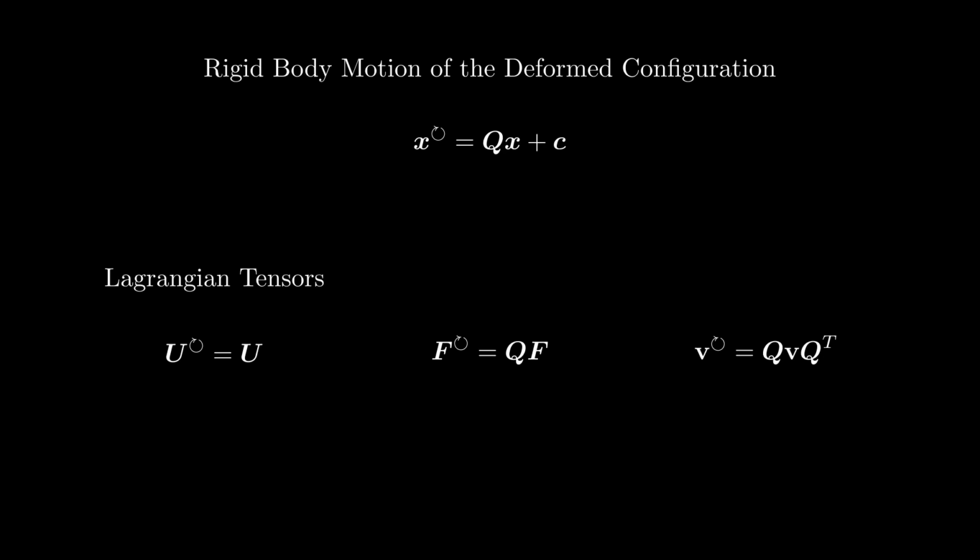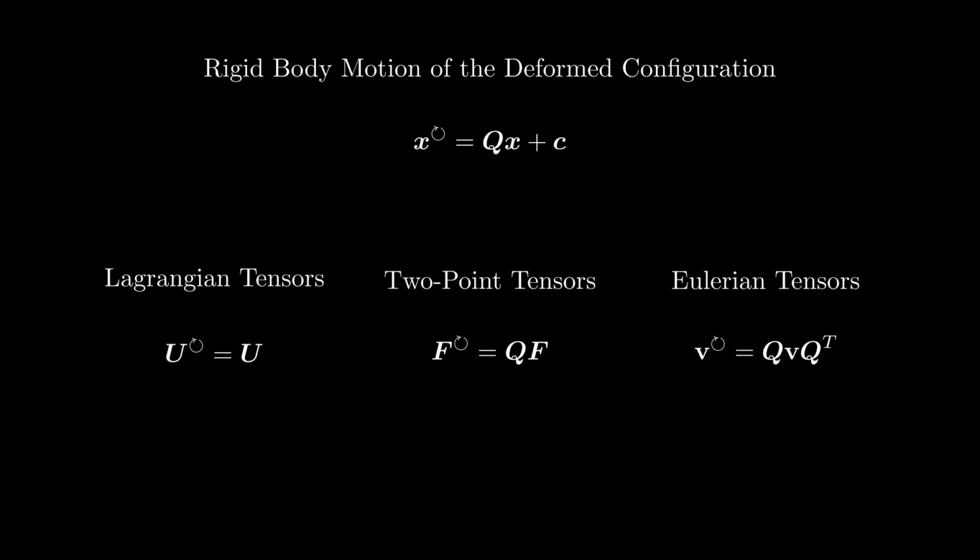On the other hand, we have Eulerian tensors like V, which are related to the deformed current configuration, which means that they change upon rigid body motion of the deformed configuration. Finally, there are also tensors like F, which are related to both the reference and the current configuration. These tensors are called two-point tensors.